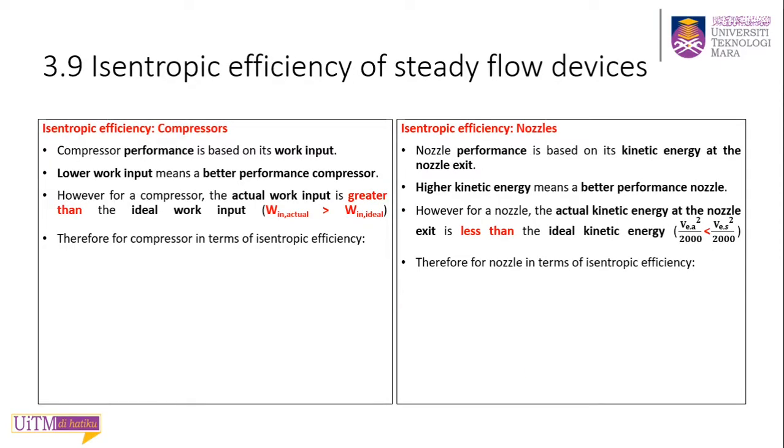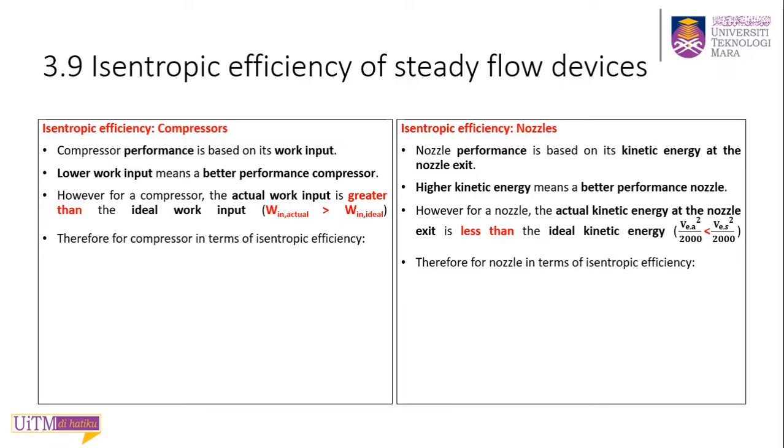Okay, let's look at the isentropic efficiency for compressors. Now, we know that compressors are work input devices, meaning that the lesser amount of work input shows a better performing compressor. Unfortunately, for compressors, the actual work input is greater than the ideal work input.